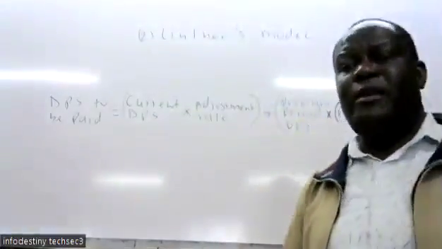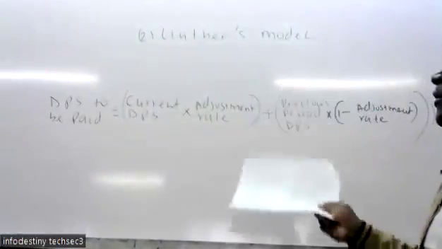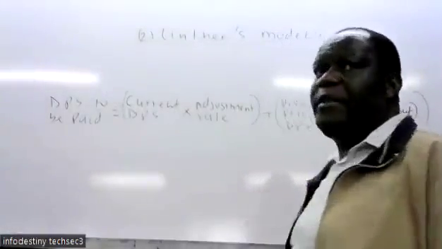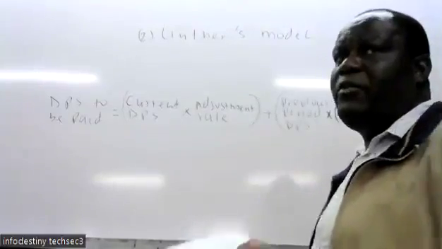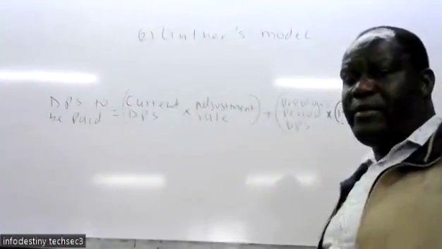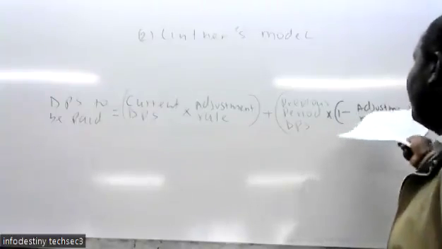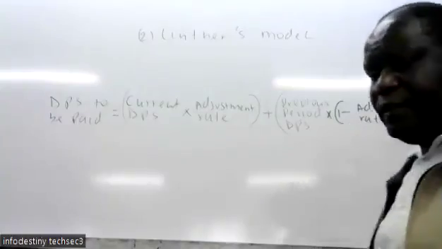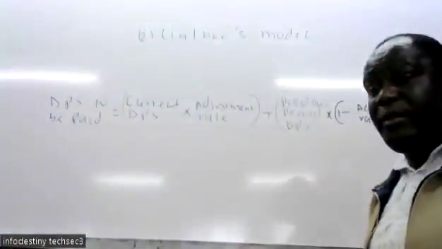So to compute the dividend per share to be paid, when you are using Lintner's model, we start with the current dividend per share. We multiply by adjustment rate. Then we also add in brackets the previous period dividends per share, then multiplied by in brackets 1 minus the adjustment rate. So what you need to do first is to compute the current dividend per share because it has not been given.